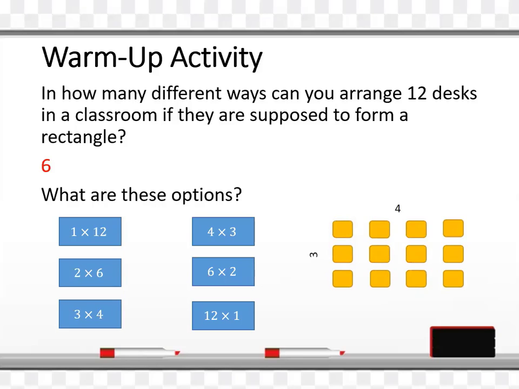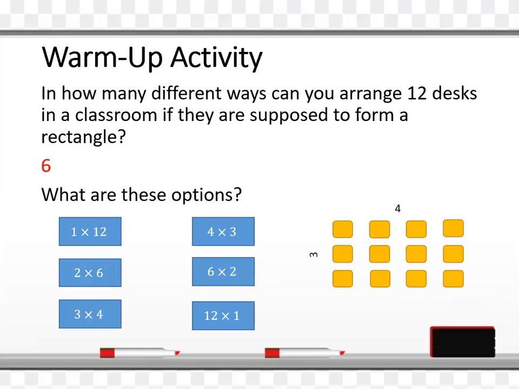On the right is a pictorial representation of one of these arrangements. Which topics in mathematics can you identify? Very good. Factors, multiplication. Excellent. Now, what is the relationship between the rows and columns and the number of desks?